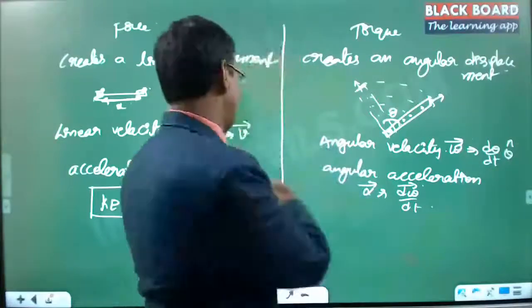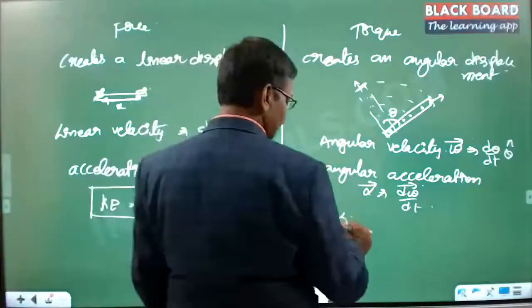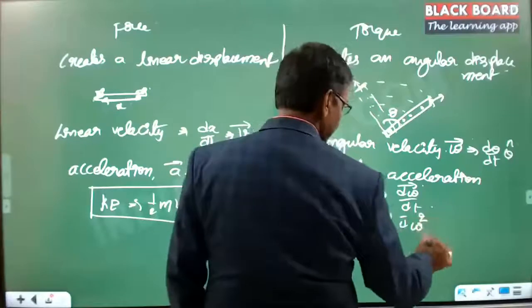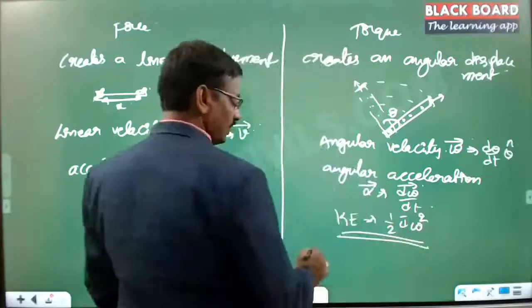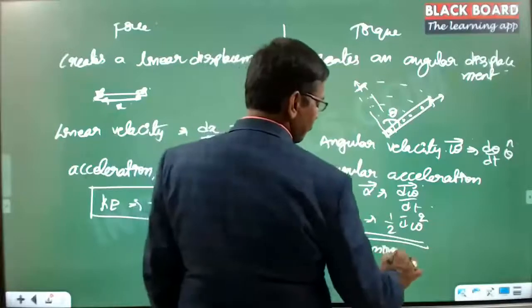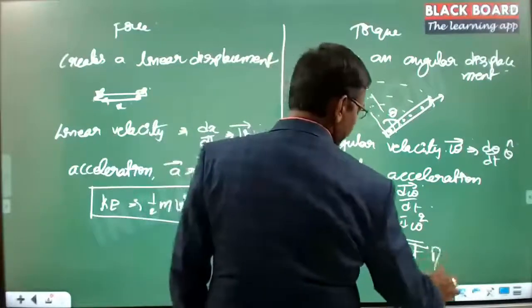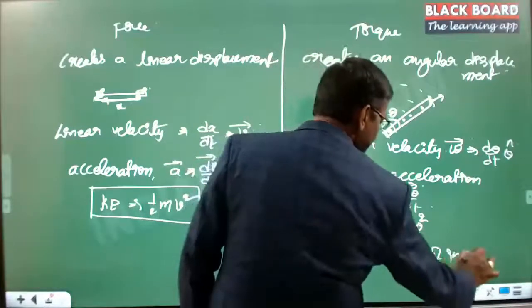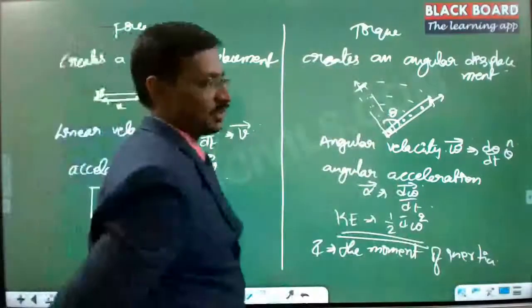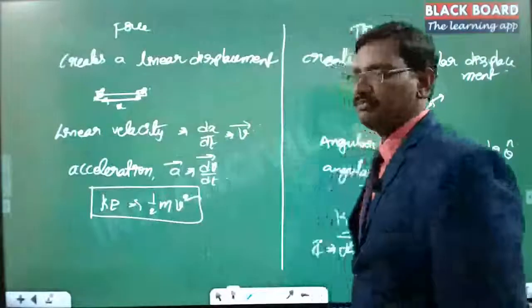And the equivalent value, the kinetic energy in case of rotation, is half I omega square, where I is the moment of inertia. So you can notice the same kind of formulas for linear and angular, right?